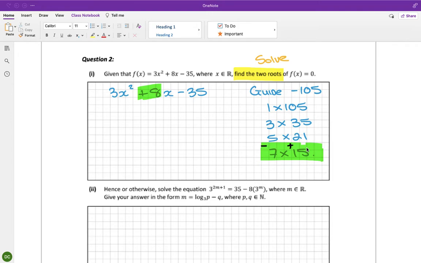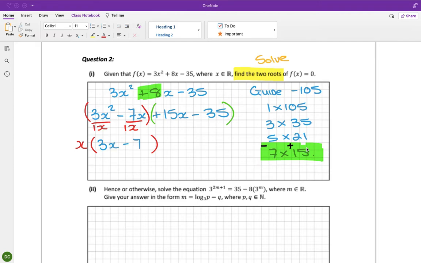So I'm going to go 3x squared minus 7x plus 15x minus 35, and I'm going to make my red bracket and my green bracket. So red, common factor is x, or 1x, if it helps with the division. So that gives me 3x minus 7.